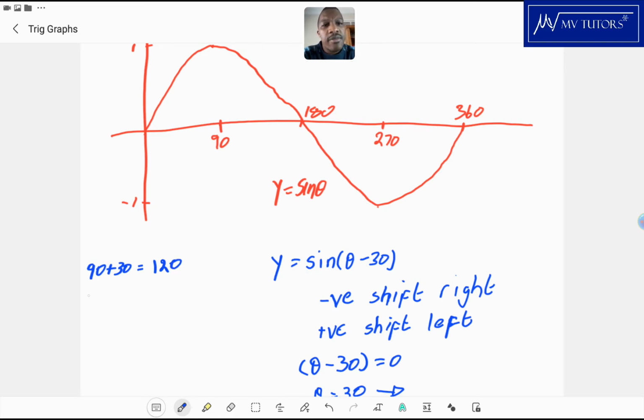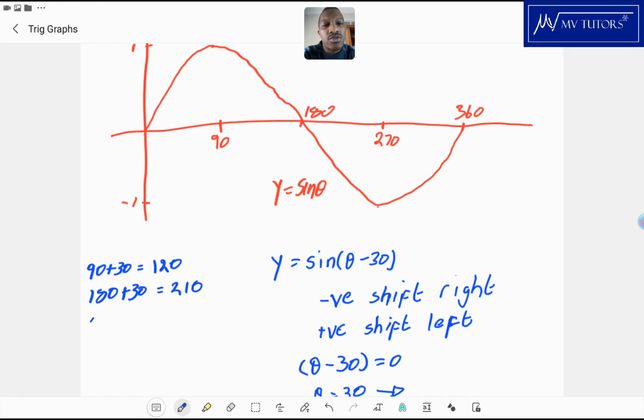And then the next number is 180, so 180 plus 30 is 210.